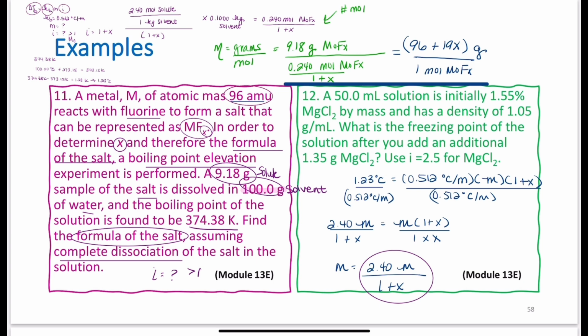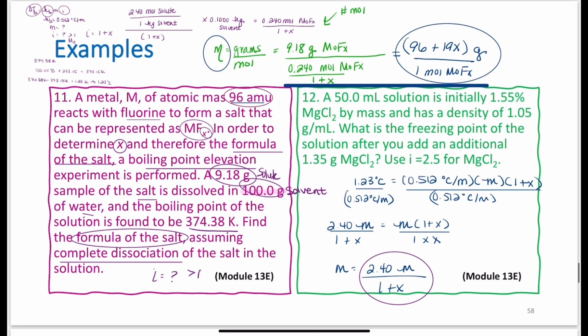Why is that going to work? Well, because if this is the molar mass, this is also the molar mass. These two things are equal to each other. Remember, this here is scaling it. So if I only have this many grams of the entire thing, then I only have a certain number of moles of that entire thing. But the true compound, if I had an entire mole of it, would have this formula.